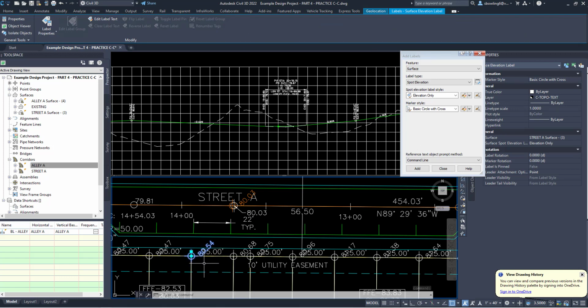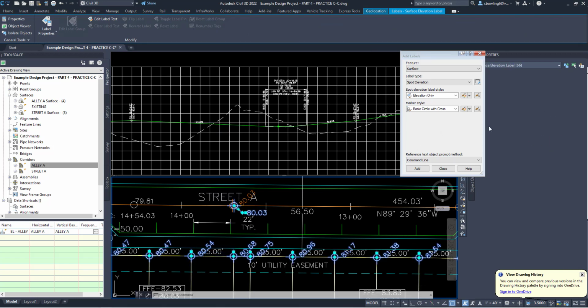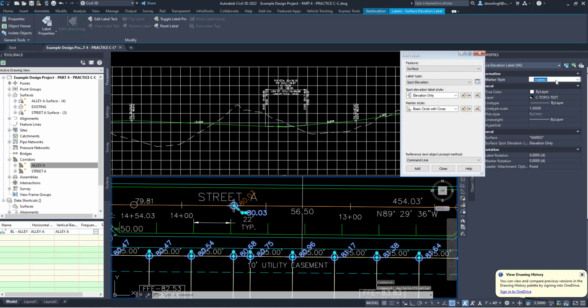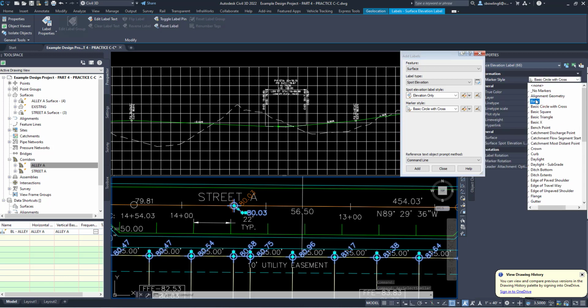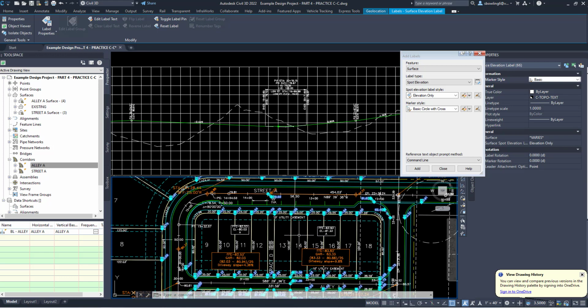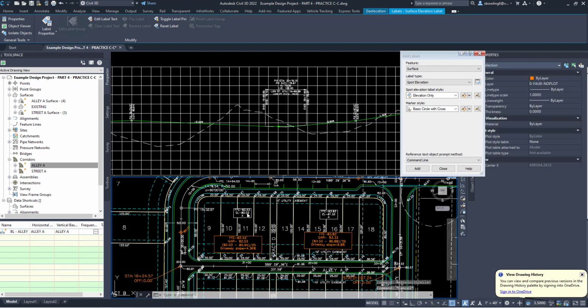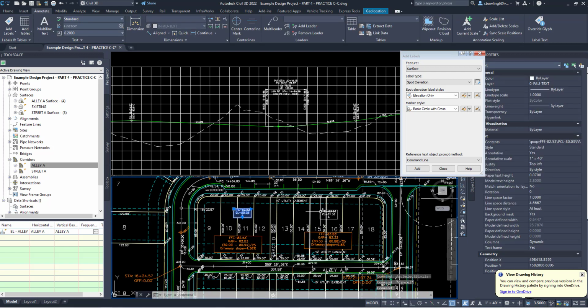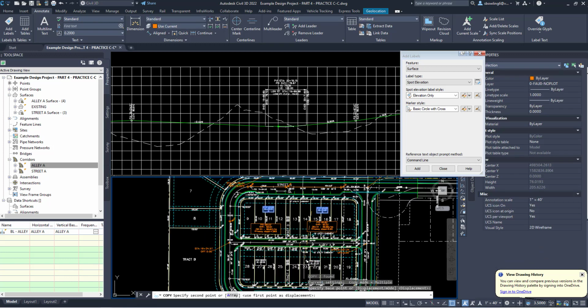I'm going to go ahead and change that symbol. So I'm going to click on that, right click, select similar. I'm going to change that to a basic. Okay. Now, I'm going to copy this and this, control copy, and I'm going to bring them down here.